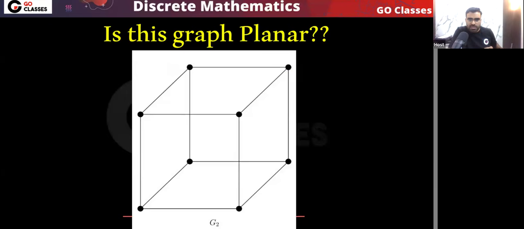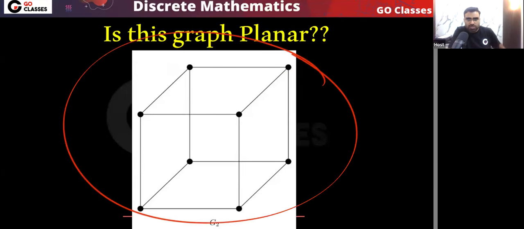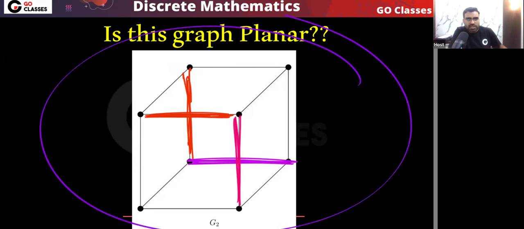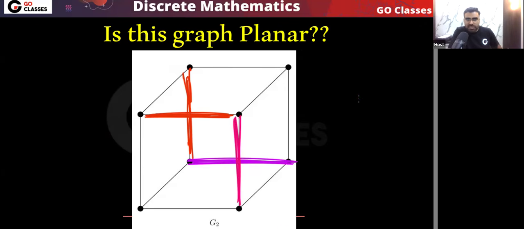What about this graph? Is this graph planar graph? Remember, this drawing has edge crossing. Yes or no? In this drawing, you see these edges are crossing. For example, look at this edge. Also look at this edge. So they are crossing. So remember, in this drawing there is edge crossing. But I am asking, is this graph planar graph? Can you draw this graph without edge crossing?